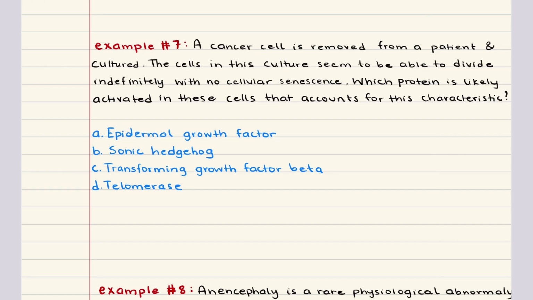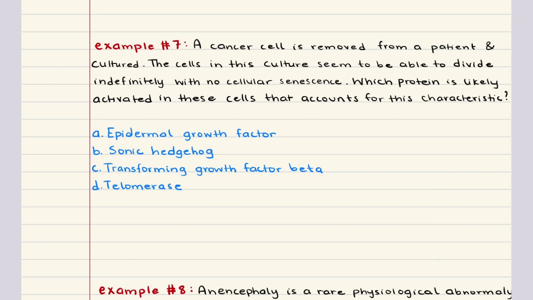And this is because each time a cell divides, its telomeres, which are the protective caps on the ends of chromosomes, become shorter. Eventually, these telomeres get too short and the cell can no longer divide. However, cancer cells are notorious for bypassing this limit. And one way that they do this is by activating an enzyme called telomerase.